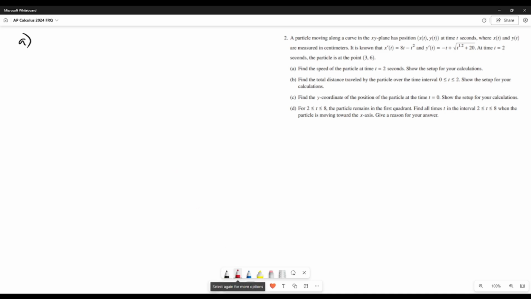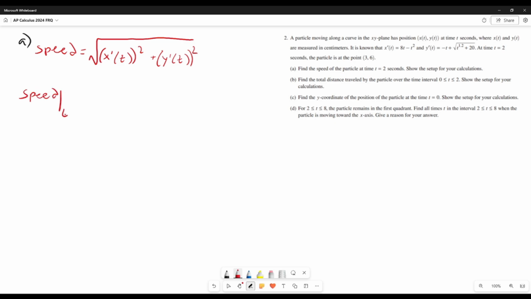So remember that the speed of a particle in 2 dimensions is equal to the square root of the x velocity squared plus the y velocity squared, which means the speed when time is 2 is the square root of x prime of 2 squared plus y prime of 2 squared.